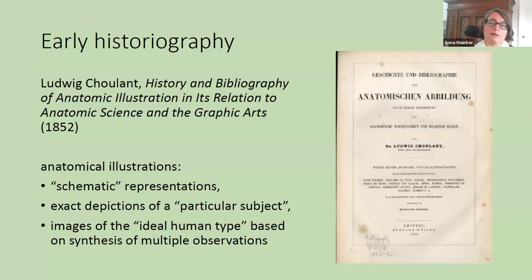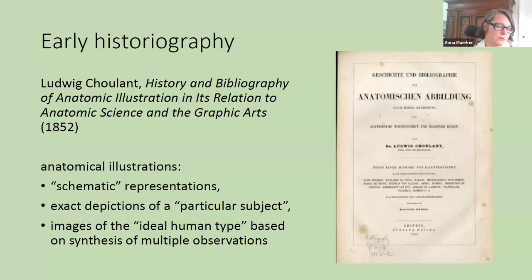For instance, he already drew attention to the important role of artists and artisans, not just the medical experts themselves. He also tried to develop a broader analytical framework, as well as value judgments concerning the scientific accuracy and artistic merit of different works.